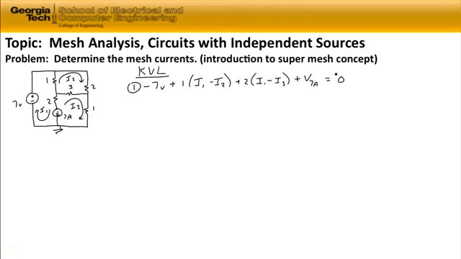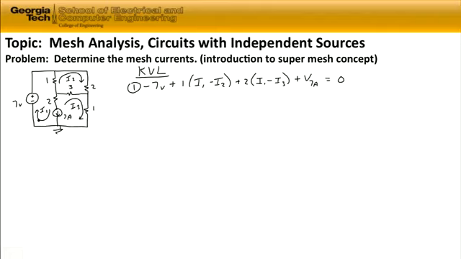That's our first mesh that we've added up the voltages around, getting from the beginning around each element and back to the starting point. If we look at that equation, we see that we have the loop currents I1, I2, and I3, which are unknowns, but we've introduced another unknown, and that is the voltage drop across the 7-amp source.